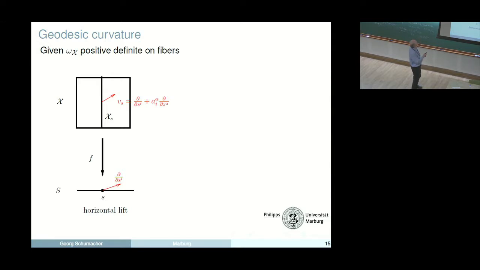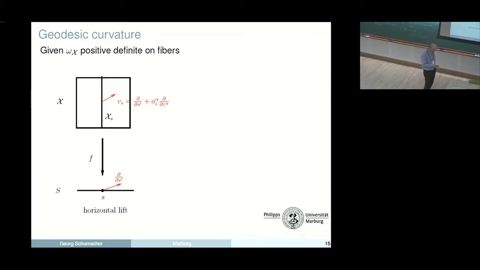We have some form on X, which is real, d-closed, a 1-1 form with the property that on the fibers it is positive definite. And then this is sufficient to say we take a lift of a tangent vector which is perpendicular to the fibers.